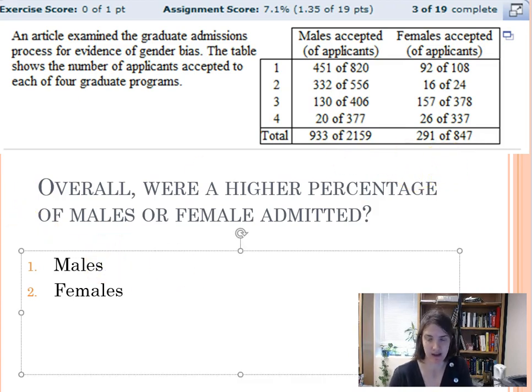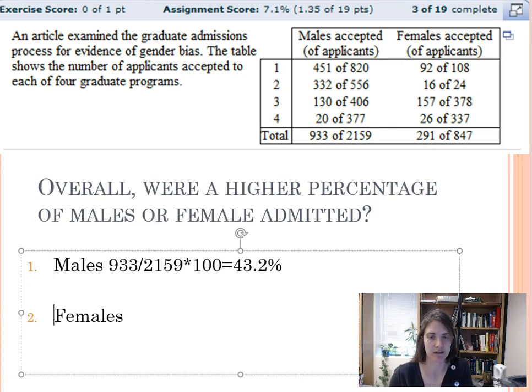We can calculate that simply for men. It's going to be 933 divided by the total number of men that applied, times 100 to get our percent, and that's going to be 43.2%.